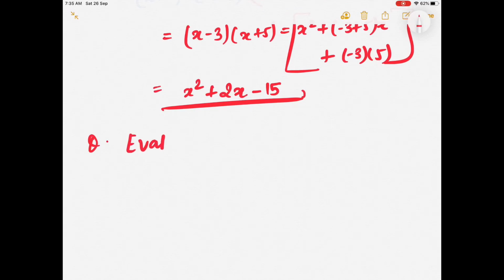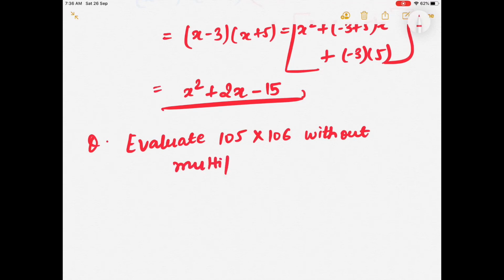Evaluate. The question is asking you to evaluate 105 into 106 without multiplying directly.